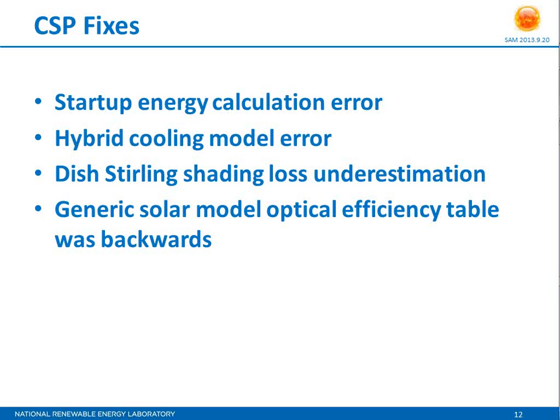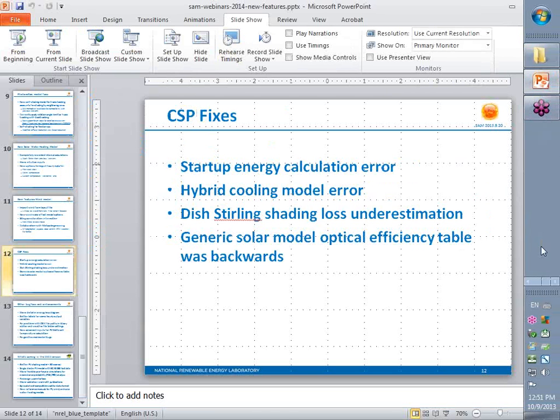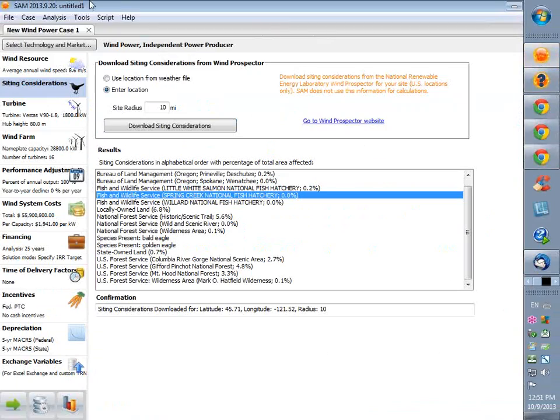Startup energy calculations that affected all of the models were addressed, and a few other fixes, and those are described in a fair amount of detail in the release notes, which I can show you again where to find those.